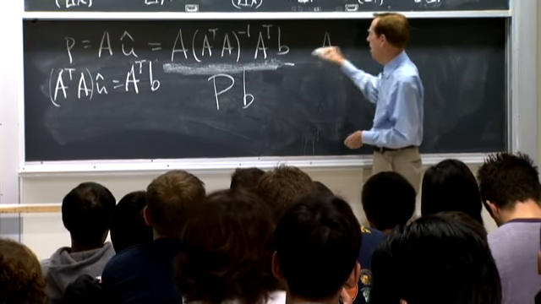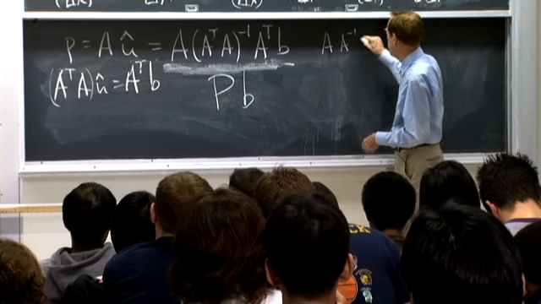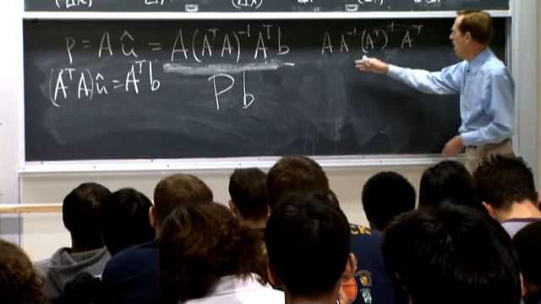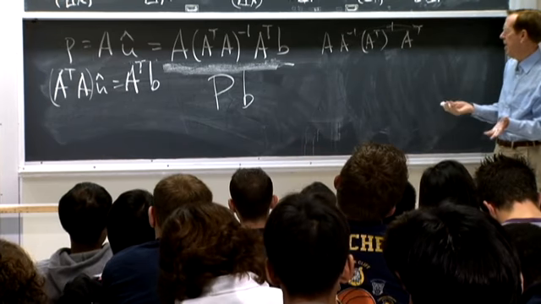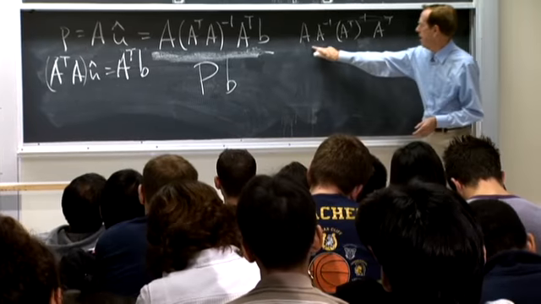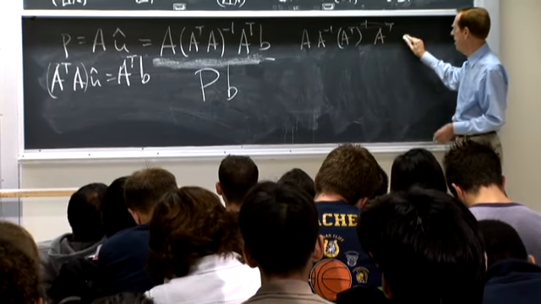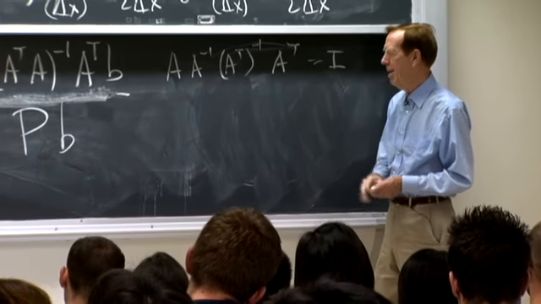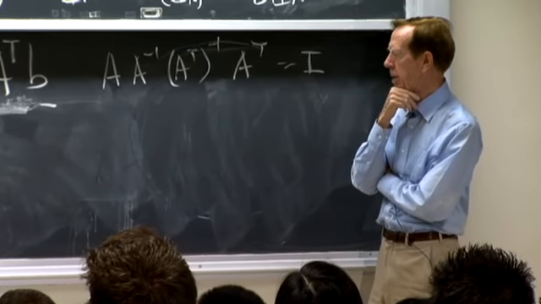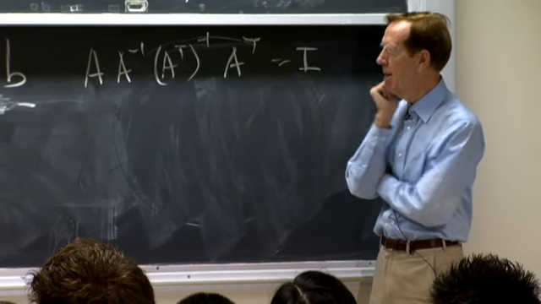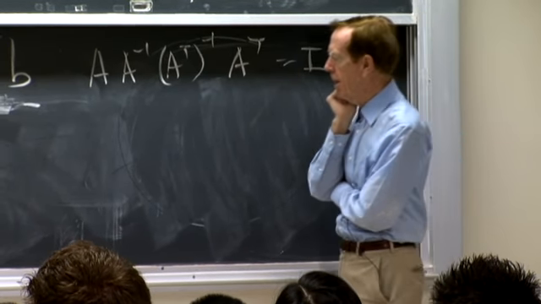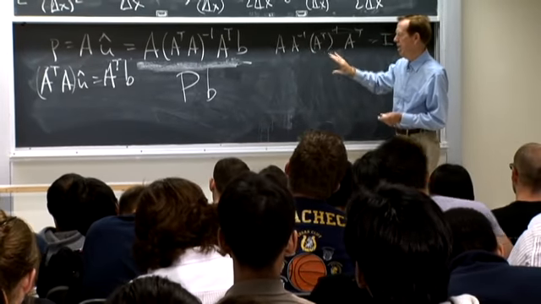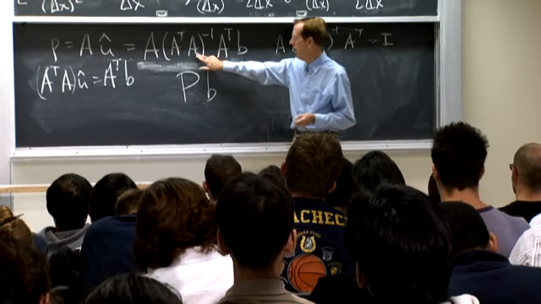I'll get A, and if I try to split this into that, what do I have here? I've got the identity. The result is the identity. That doesn't look good, right? P is not the same as B. This matrix cannot be split into these two pieces. A is rectangular. That's its problem.